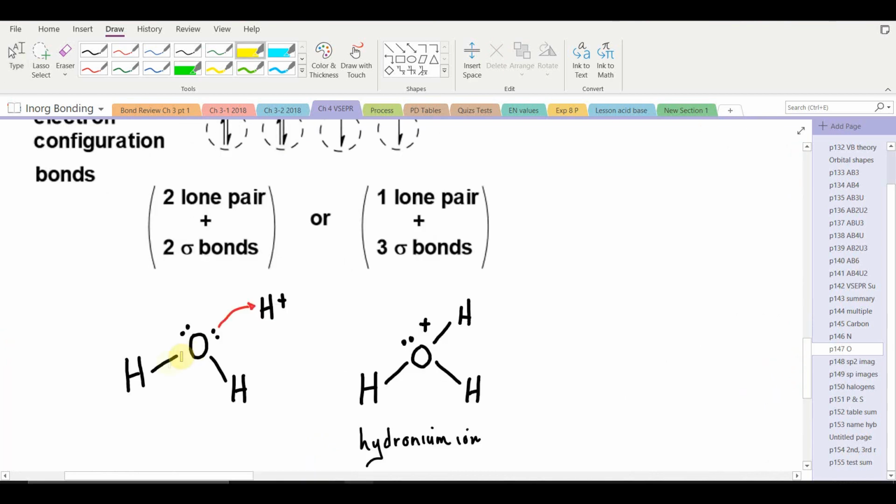Water has 2 sigma bonds and 2 non-bonded pairs, but they're all in sp3 hybridized orbitals. You know that water can react with hydrogen ion to form hydronium ion, and now we have sp3 hybridized oxygen with 3 sigma bonds and 1 non-bonded pair.